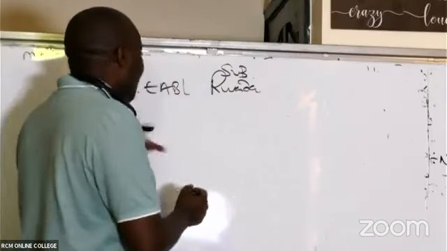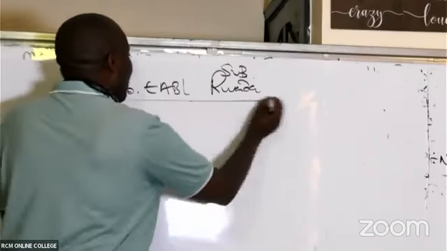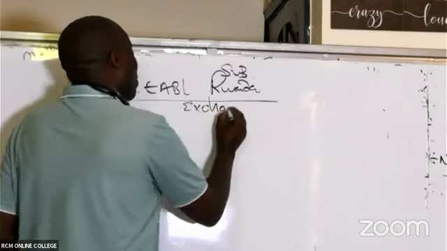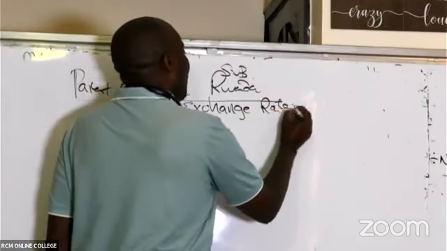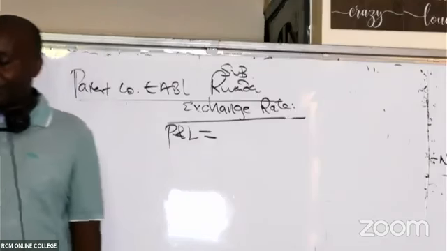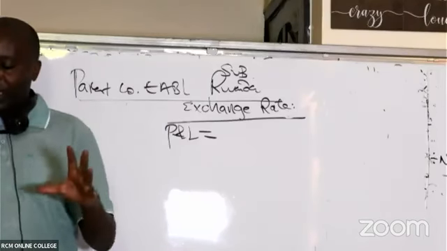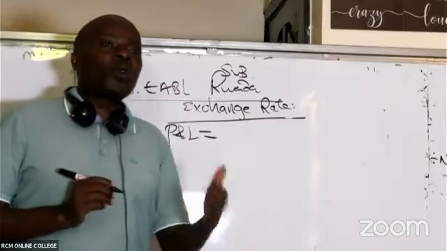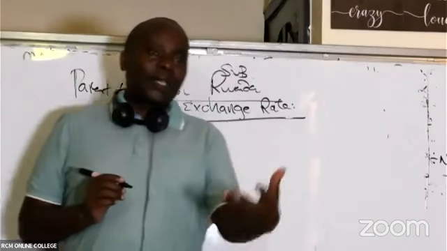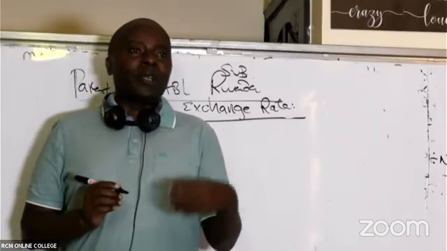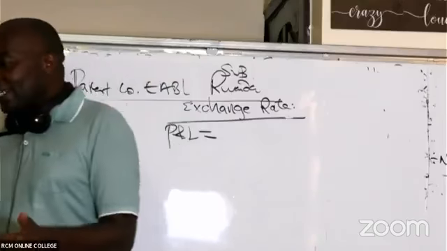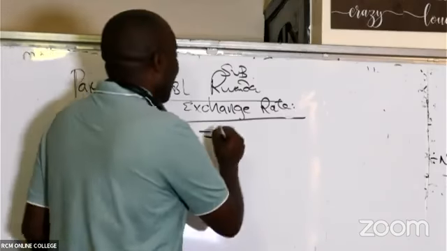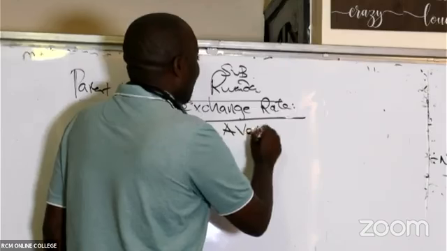Whenever it comes to exchange rates to be used, if it is P and L items, like sales, cost of sales, anything that accrues often, like sales on a daily basis while the exchange rate is changing every other day, you shall always use the average rate. P&L items always use the average rate.